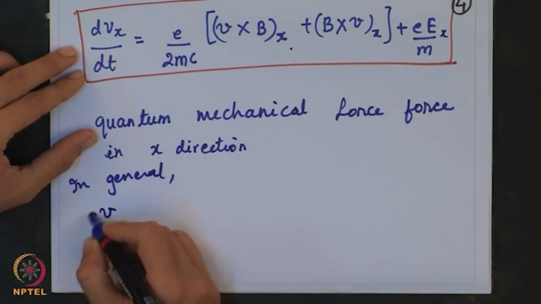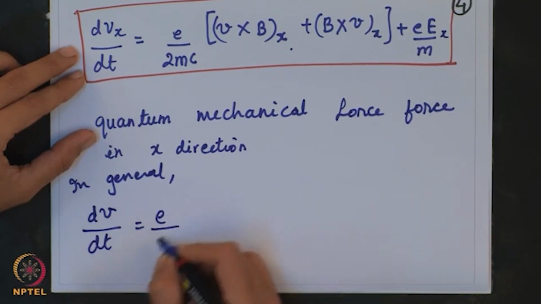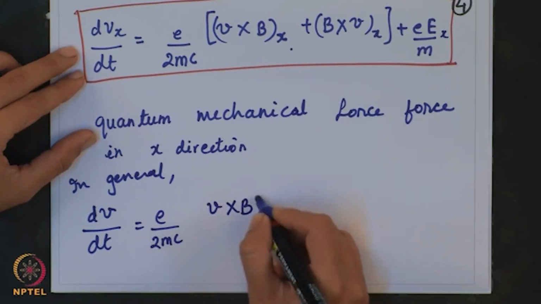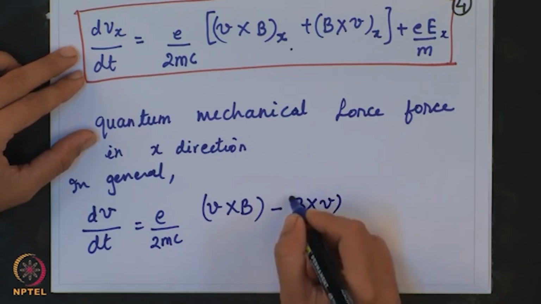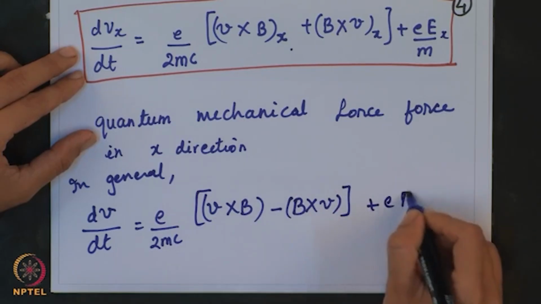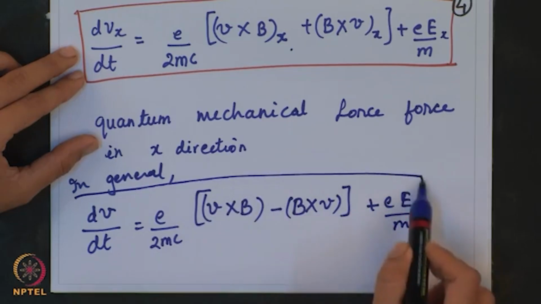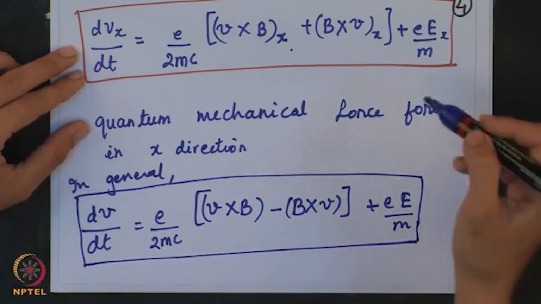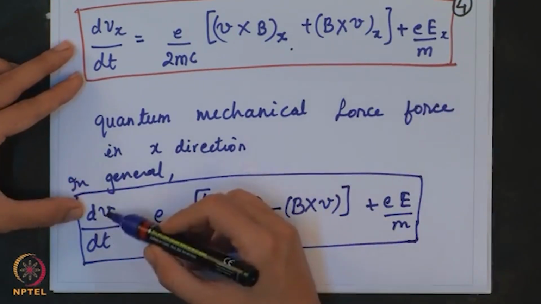So, when I have to find out in general, dV by dt will be e upon 2mc, V cross B minus B cross V, this is the term, plus e by m. So, this is nothing but the quantum mechanical Lorentz force, which is proportional to this dV by dt.